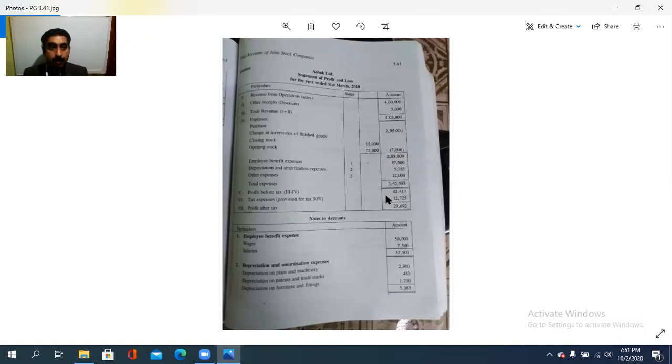That is profit before exceptional and extraordinary items and tax. Here there are no other items, so only the tax is there. So we get the profit before tax. We need to deduct 30% as tax provision. So less tax expenses, that is 12,725, and take the total as profit after tax. So this is the statement of profit and loss, where revenue from operations and other receipts are there.